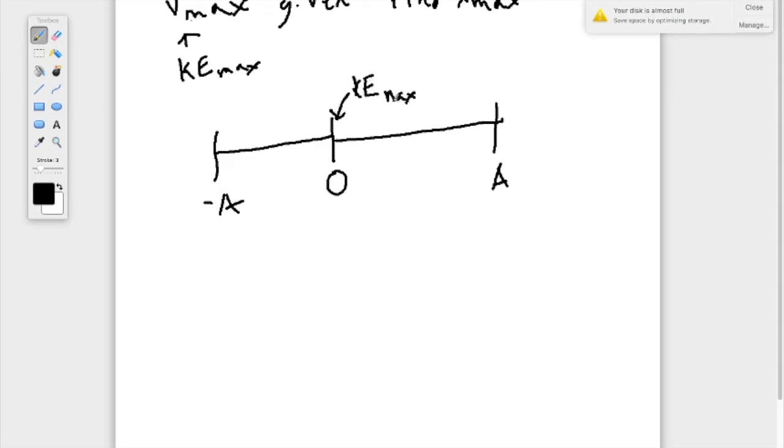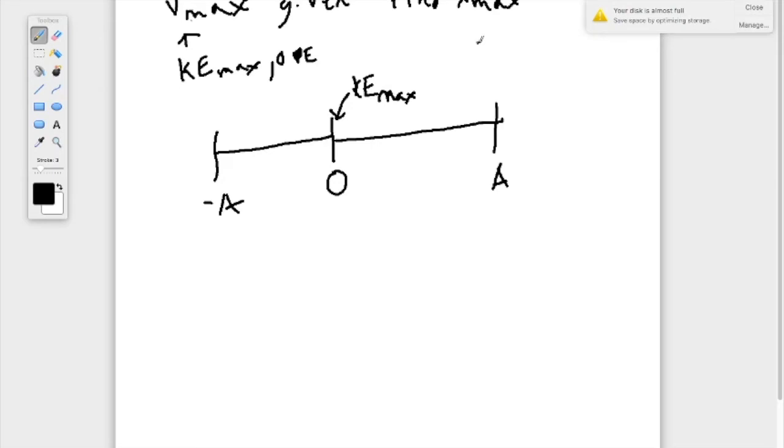Because it is at the equilibrium position, the x value is 0, making it have 0 potential energy. And because energy is conserved, all that energy is transferred to kinetic energy.